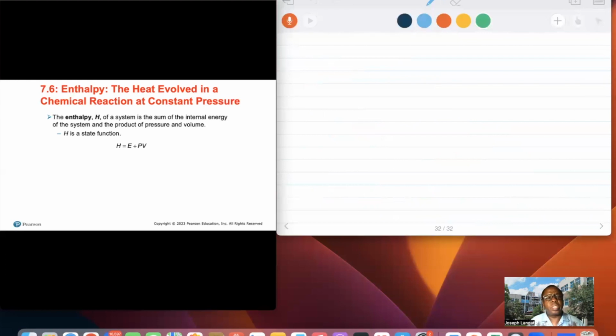Now, section 7.6, enthalpy, is simply the heat of reaction.